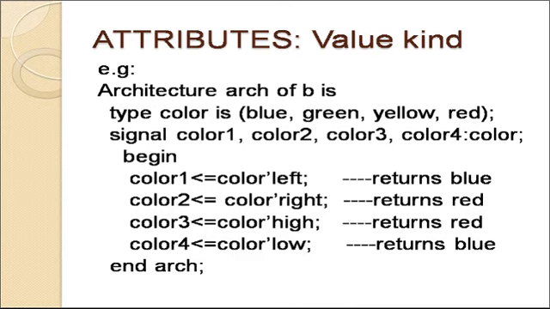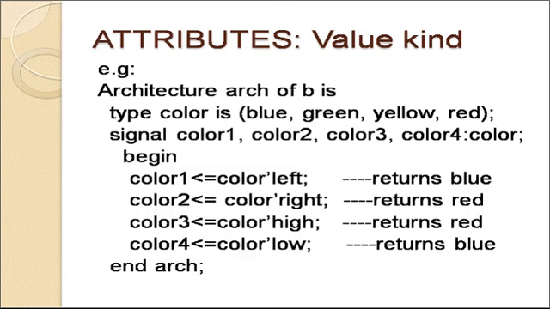These are of the type color. Begin. Now to the signal color 1, whatever is assigned is color tick left. It will check, in the type color, which is the value at left, and the value is blue.